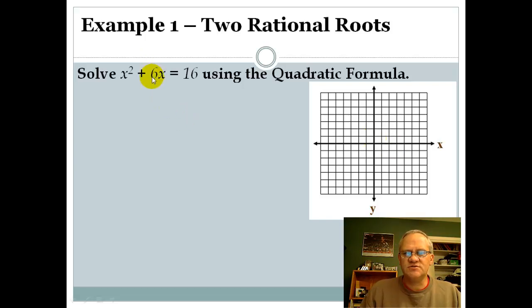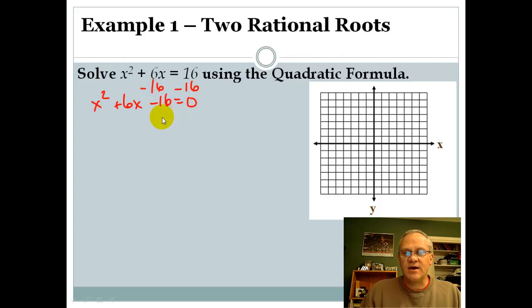Remember, in order to get the a, the b, and the c, it has to be in the correct form. So I have to take this 16 and subtract 16 so that I have x squared plus 6x minus 16 equals 0. It has to be in that order. X squared comes first, then the x, then the number.